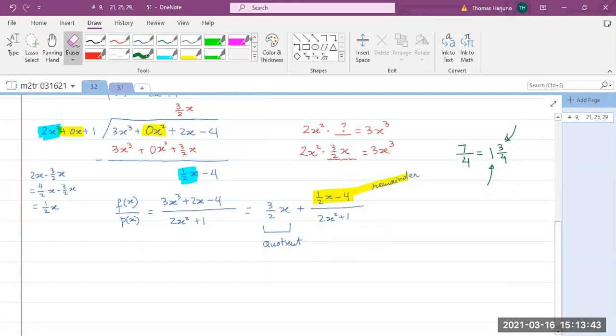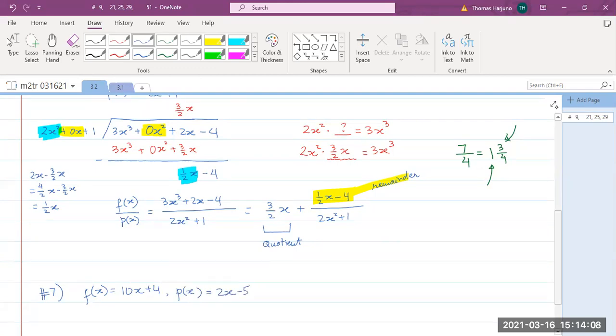Okay, number 7. Fx equals 10x plus 4 and px is 2x minus 5.